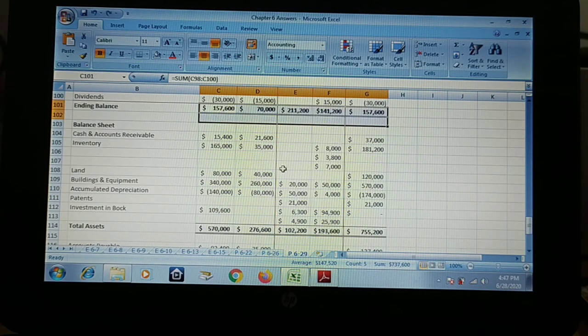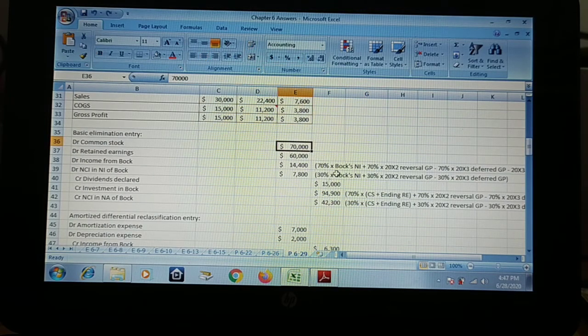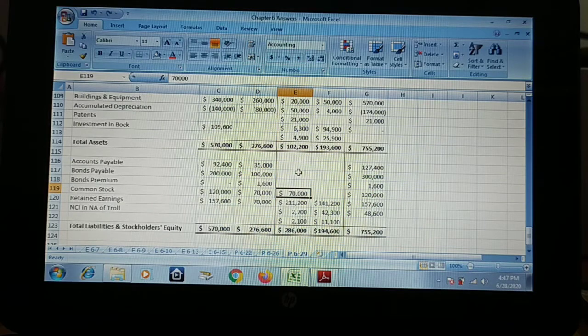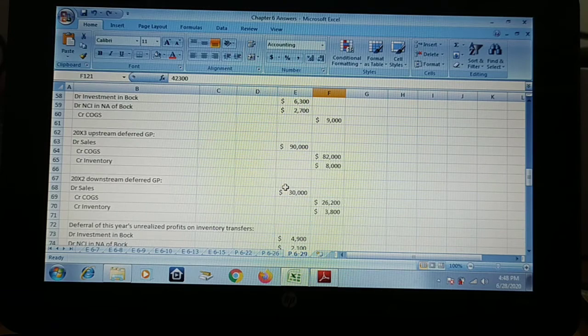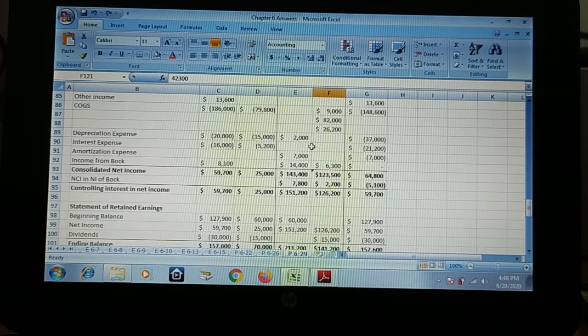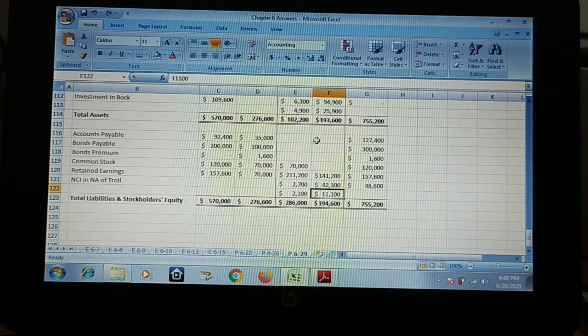Okay, we continue from our elimination entry. The first one, of course, is common stock, then investment and NCI in NA. And then we go to the differential reclassification entry. So put all of it: debit building, debit patent, credit investment, credit accumulated depreciation, credit NCI in NA.